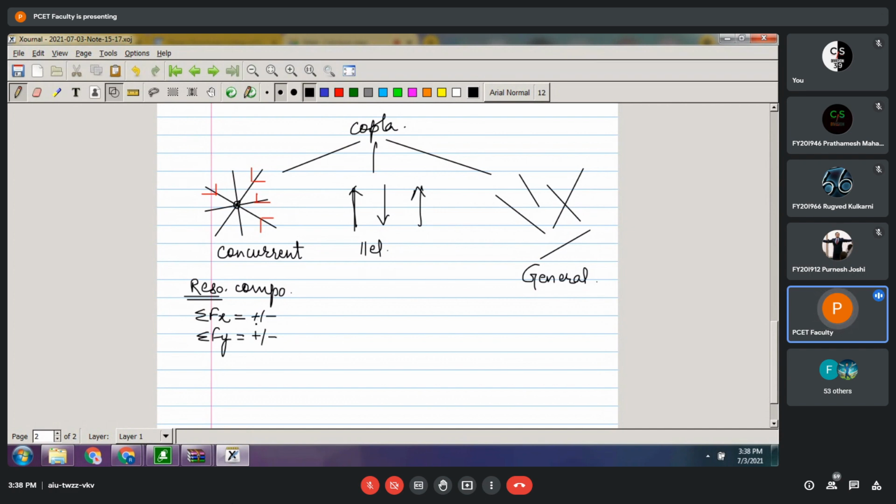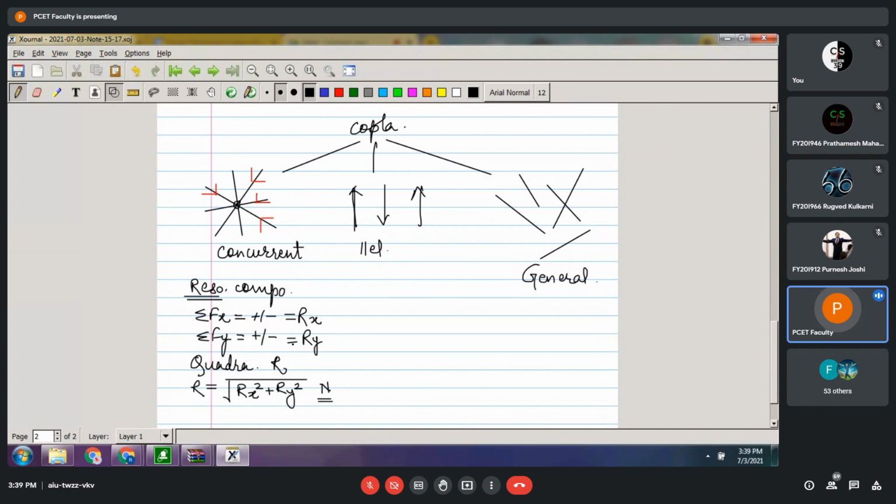According to the sign of summation fx and fy, I will decide the quadrant of my resultant. Magnitude I can find out because I know that summation fx is the x component of the resultant and summation fy is the y component of the resultant. So R will be equal to under root of Rx square plus Ry square. This will give me the magnitude of the resultant in Newton.